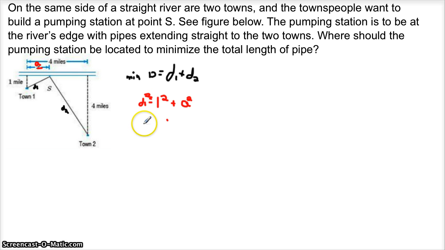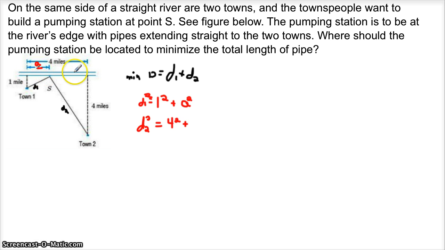So let's look at what D2 will be. I can use that same idea, but it's actually going to be D2 squared. I'm just going to use the Pythagorean theorem again, because it's the diagonal of this larger right triangle. So D2 squared is going to be 4 squared plus, well, now I have to figure out what this length here is going to be.